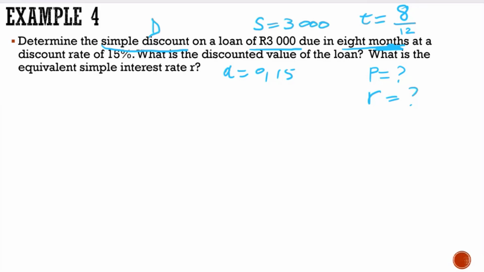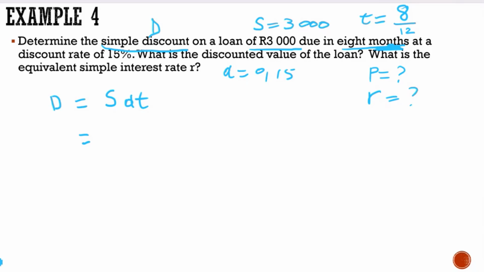So here, you would calculate your D. Let's get the formula for your D from the formula sheet. Our simple discount is equal to SDT.